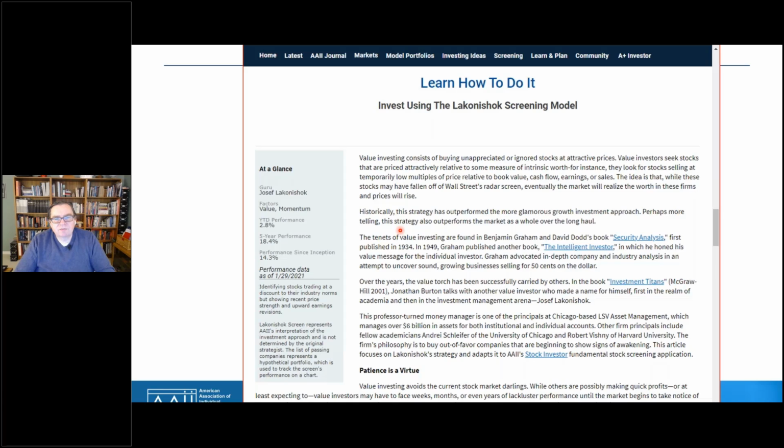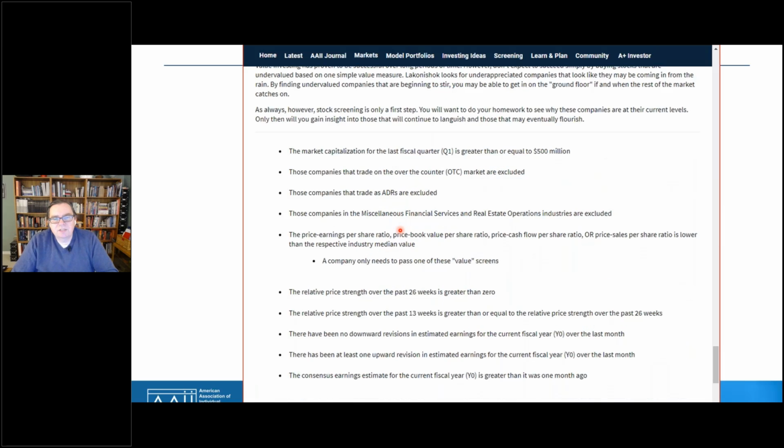In the case of why Lakonishek chose the techniques that he did, how we went ahead and interpreted and made them quantitative. And so it gives you an understanding, and you start to get a better sense of, yes, this is an approach that I want to follow, and I understand why it's being done. And it gives you some confidence as to the educational part of it. And it also gives you all the criteria at the end.